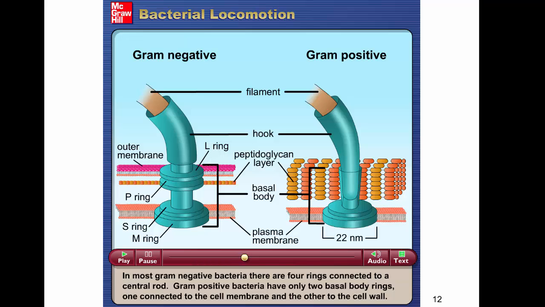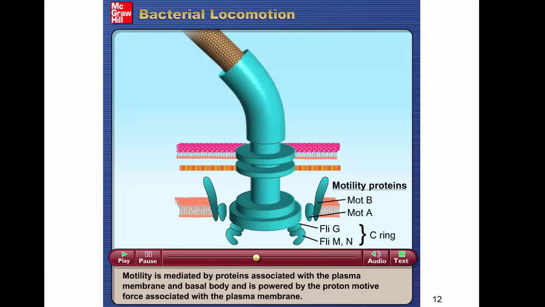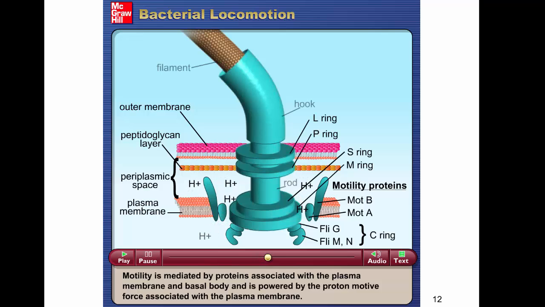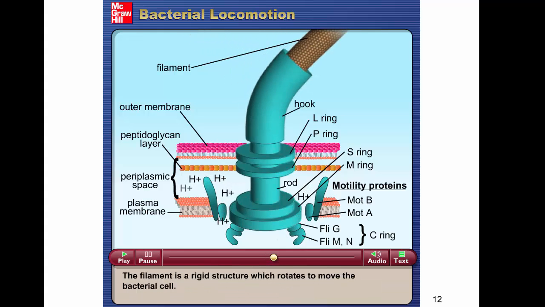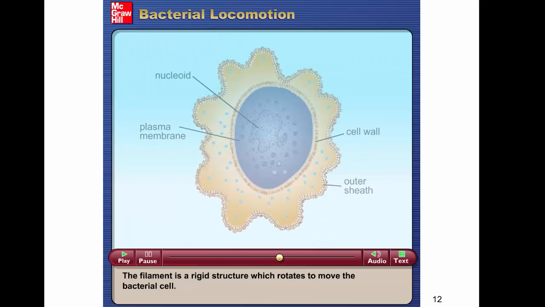Gram-positive bacteria have only 2 basal body rings, one connected to the cell membrane and the other to the cell wall. Motility is mediated by proteins associated with the plasma membrane and basal body, and is powered by the proton motive force associated with the plasma membrane. The filament is a rigid structure which rotates to move the bacterial cell.